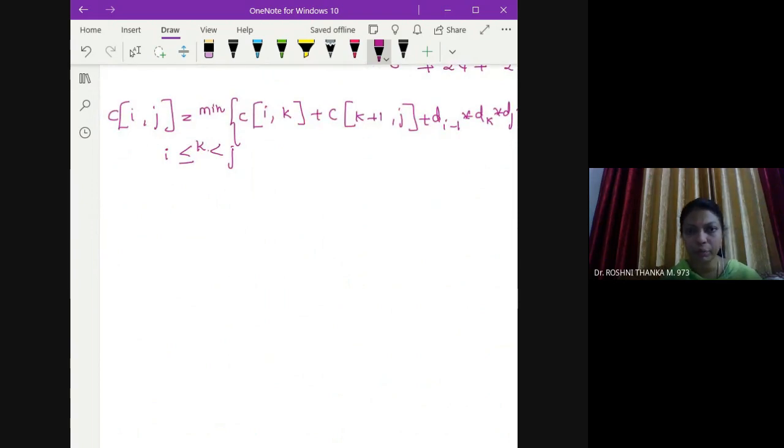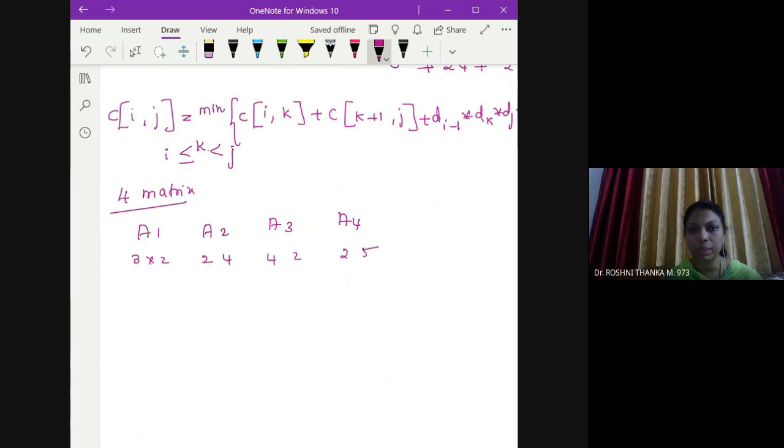Now let us take 4 matrices and calculate with the formula, and find all possible combination costs. So let us take the 4 matrices A1, A2, A3 and A4, and let the dimensions of A1 be 3 cross 2, then 2 cross 4, 4 cross 2, and 2 cross 5.